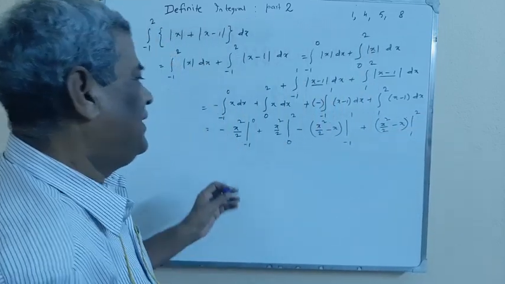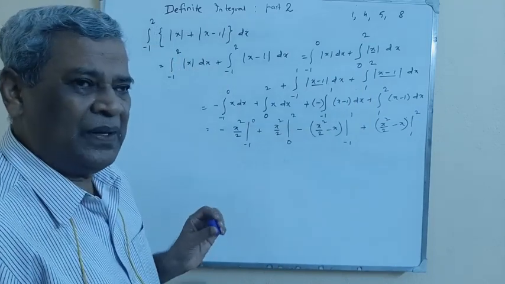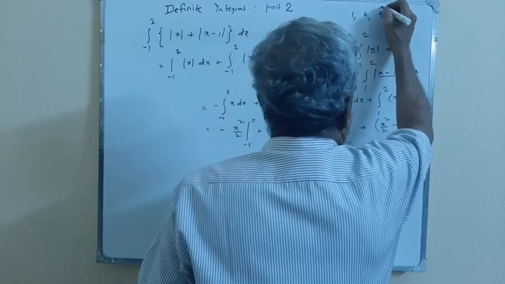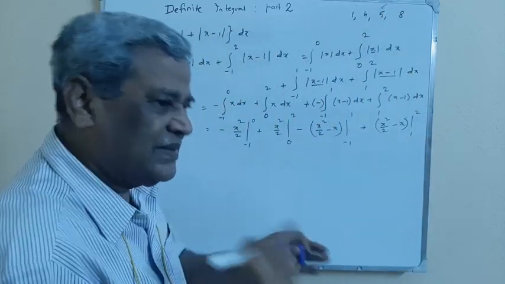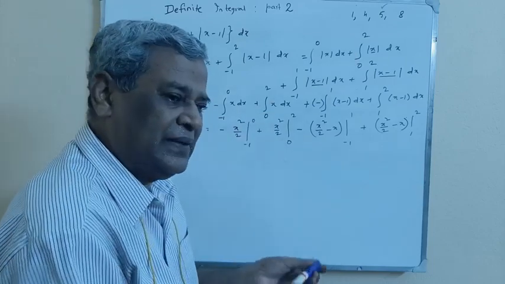Now by putting the upper limit and lower limit, it is very simple, you can do it yourself very easily. The answer is 5, after putting upper limit minus lower limit. You do that part yourself.